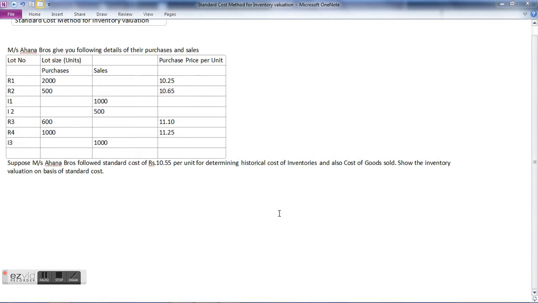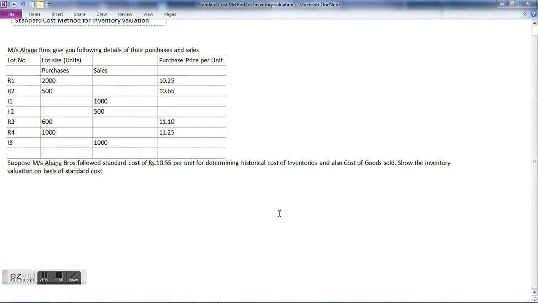So how do we calculate using standard cost? First we calculate the total actual cost of purchases. Then we take the standard cost per unit that is given: total quantity purchased into standard cost per unit, so we arrive at the standard cost of all the purchases.